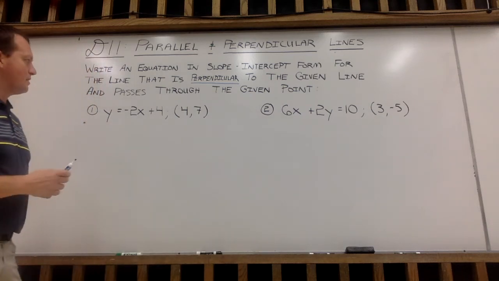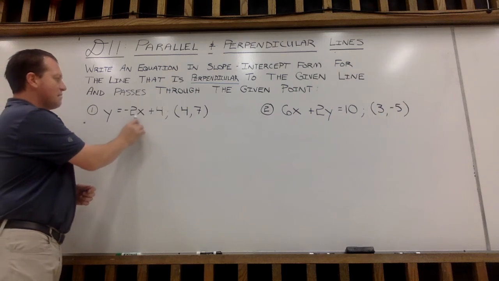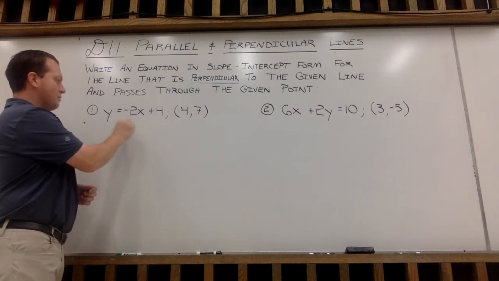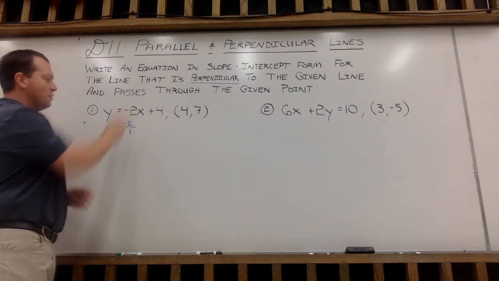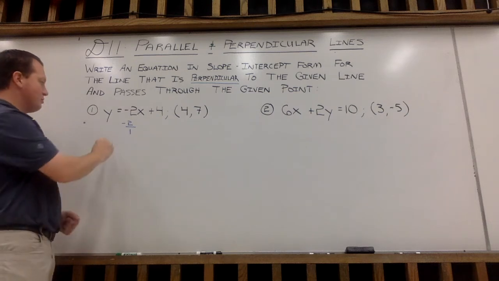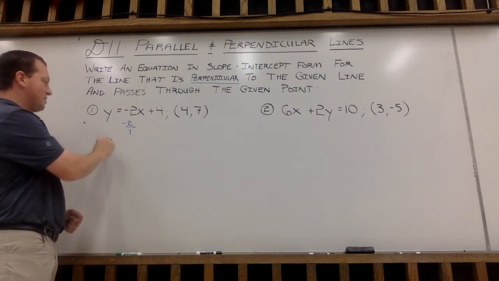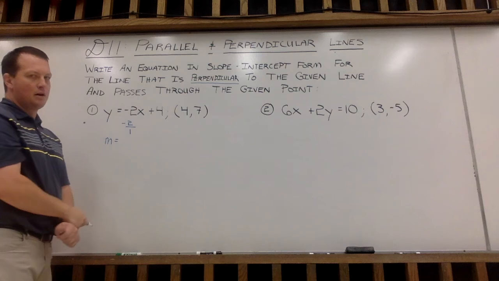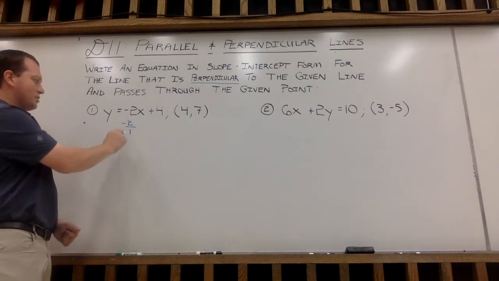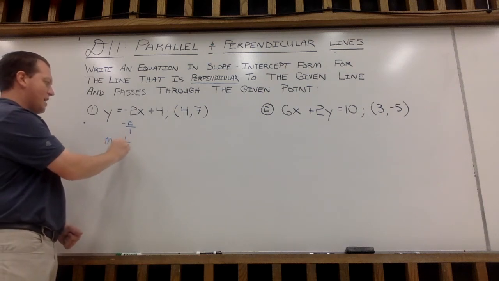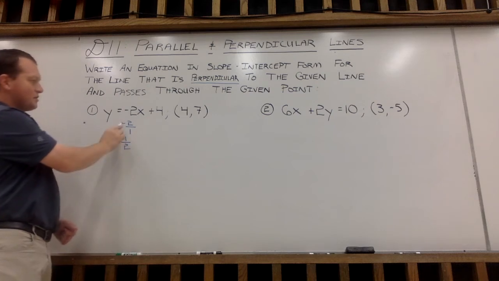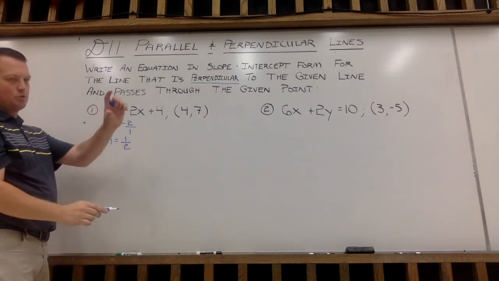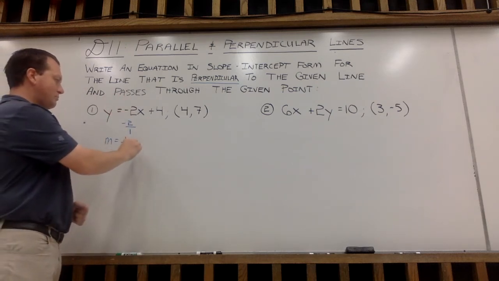Now remember, with perpendicular, we're not going to use the same slope. So if I have the slope of -2 in my first given line, remember my new slope needs to be the opposite and reciprocal of -2 over 1, which is going to be +1/2. Change the sign, negative to positive, flip 2 over 1, 1 over 2.